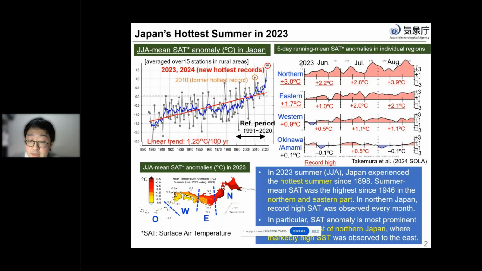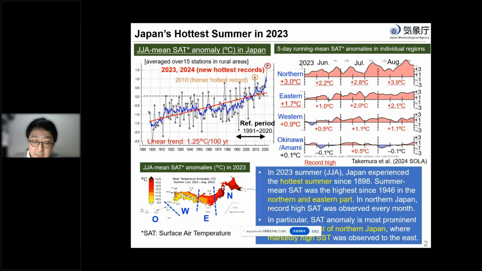Furthermore, sub-regional summer mean SAT anomaly was also the highest since 1946 in the northern part and eastern part of the country. In northern Japan, record high SAT was observed every month, June, July, and August in 2023.